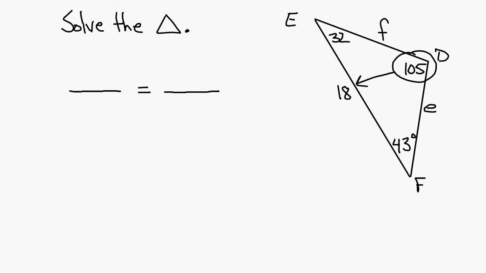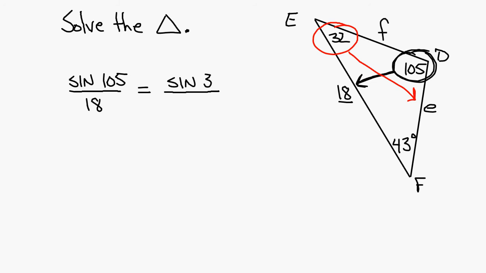An angle and its opposite side that's given. So your numerator would be sine 105 over 18. The sine of an angle over its opposite side is equal to the sine of an angle over its opposite side. So in this case, on the right side, you've got sine of 32 over lowercase e. That's your proportion.